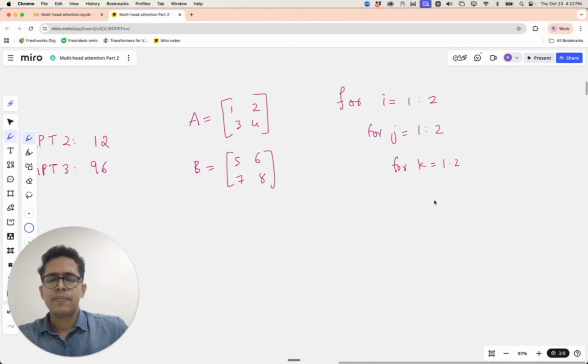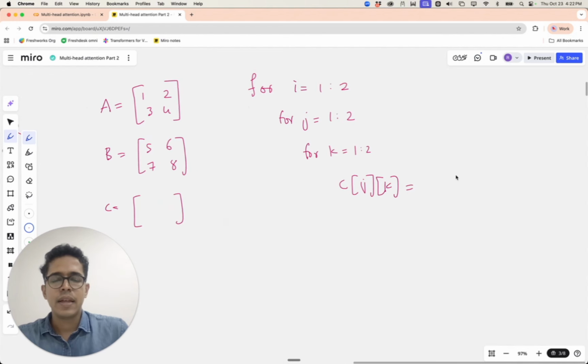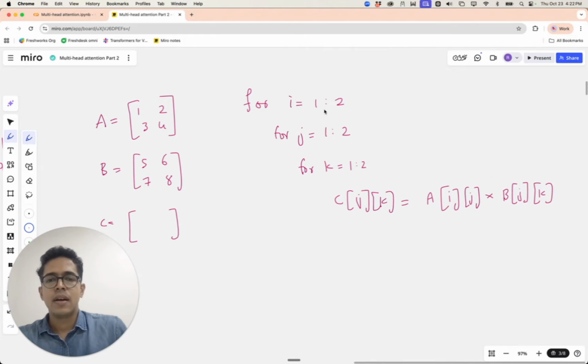And then let's say the result is stored in something like C. Then C of JK is equal to A of IJ multiplied by B of JK, something like this. I'm not paying full attention to which of I, J, K should be in the outer loop and which should be in the inner loop.